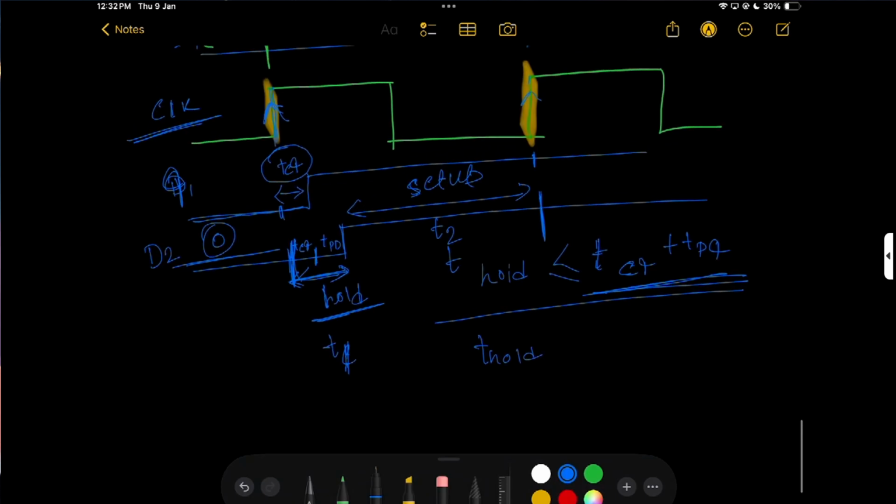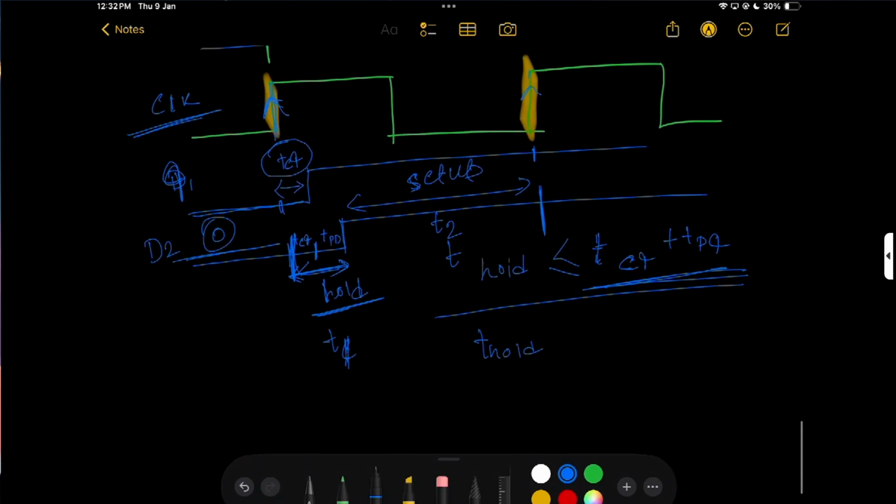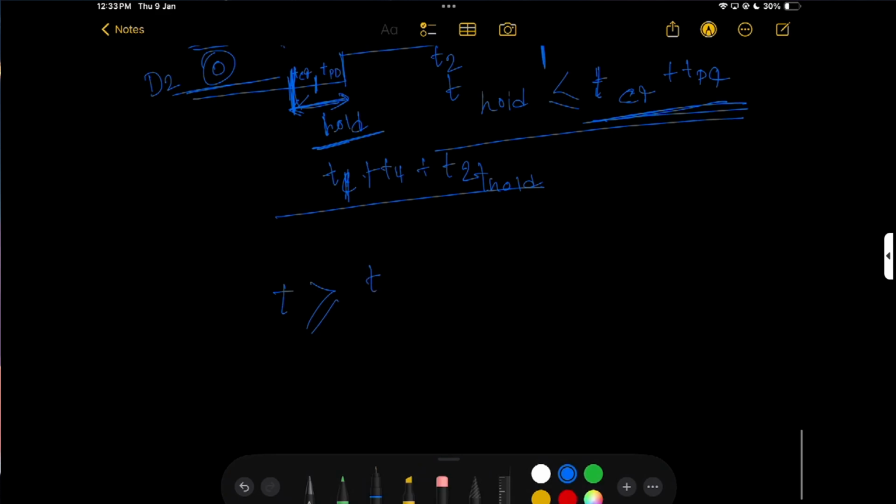T1 and TPD, the combinational delay, I take as T4. So my total clock period T should be greater than or equal to T1 plus T4 plus T2.